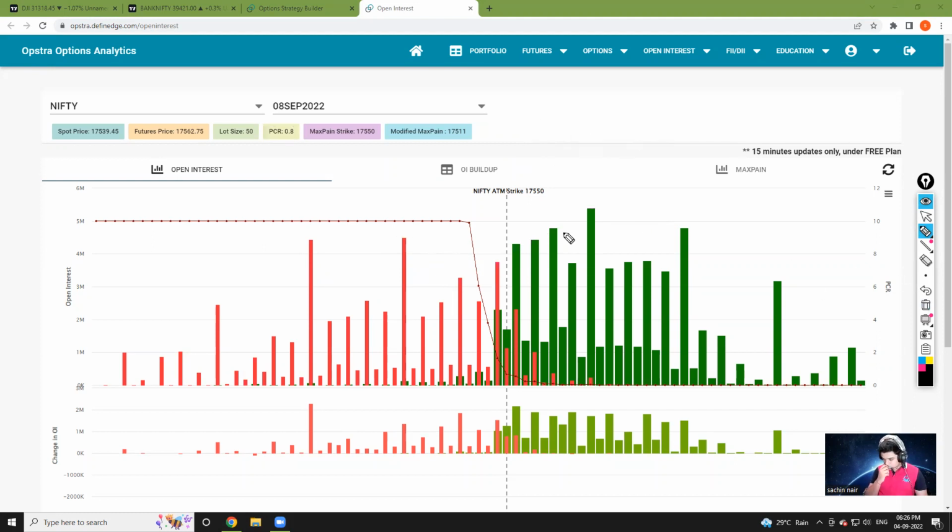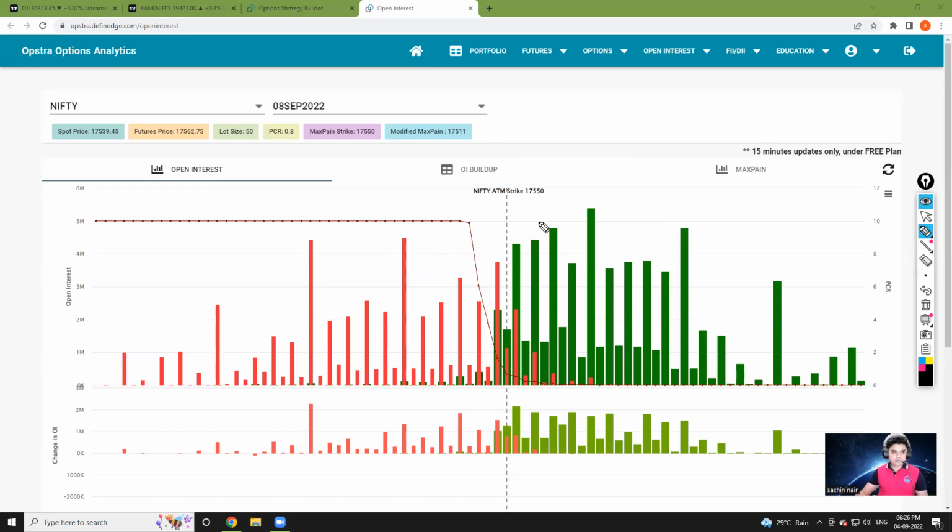Now, obviously, since the market is at 17,550, we don't know if the market is going to go up or go down. But we know the market is going to move, right? Market is not going to stay at 17,550. So I gave you guys a very simple strategy on Friday to execute. What we do in option selling is we do short straddle.